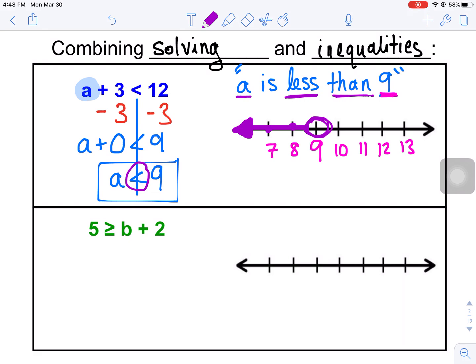So now we have finished solving our first problem. We have the inequality solution, and we have our number line solution. We need both of those before we're done with the problem.